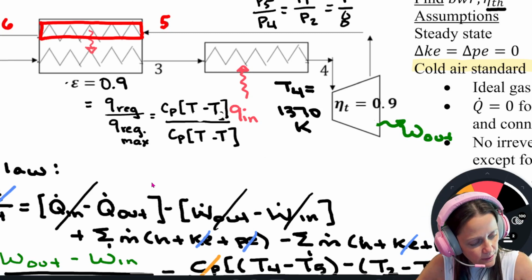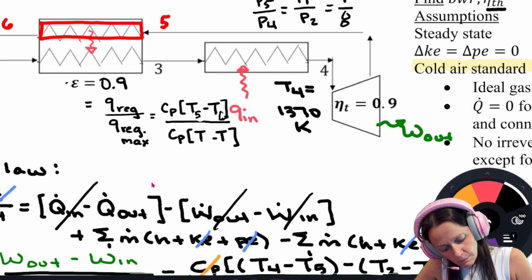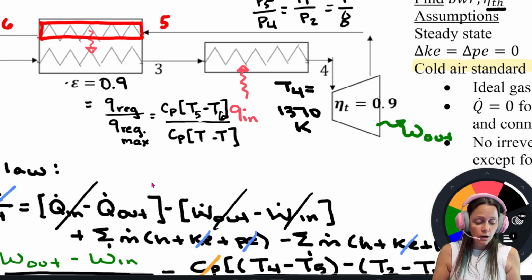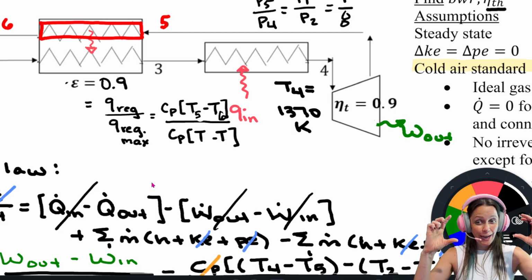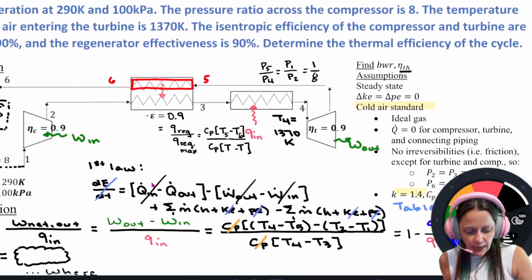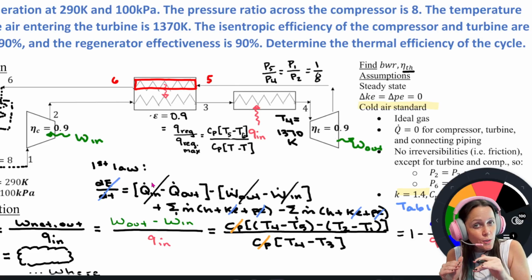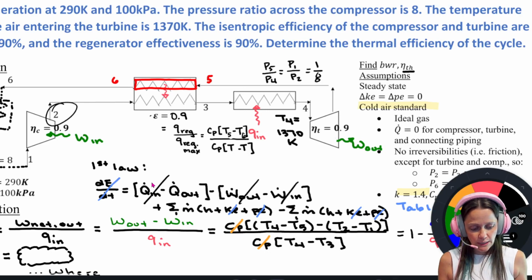When calculating the maximum amount of heat that could be transferred out of that control volume, the working fluid flowing from state 5 to state 6 would have cooled all the way down to the lowest possible temperature, which is the incoming temperature T2.